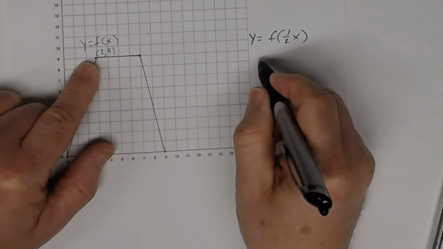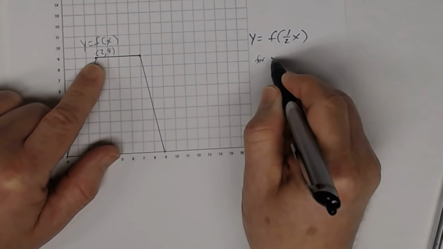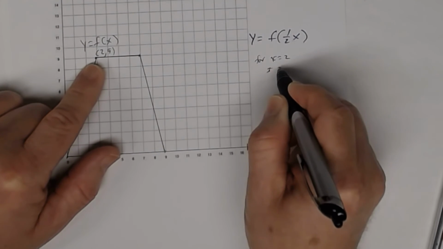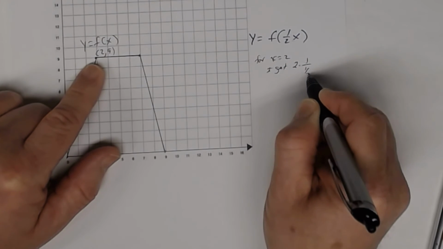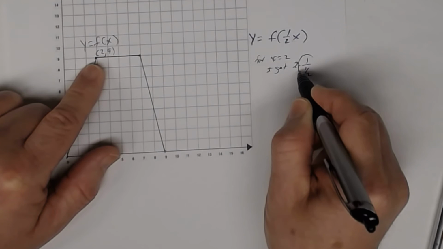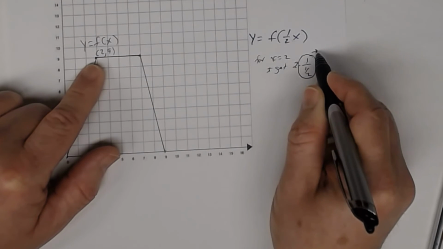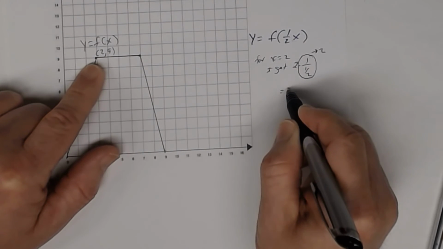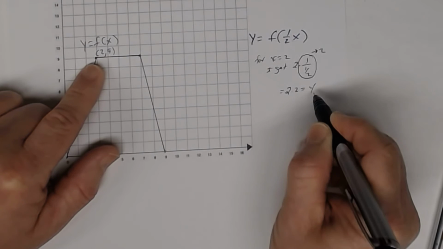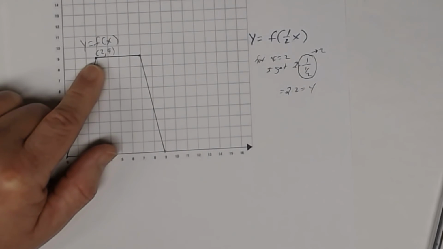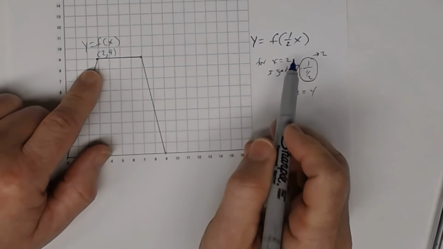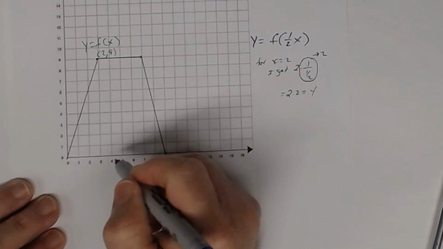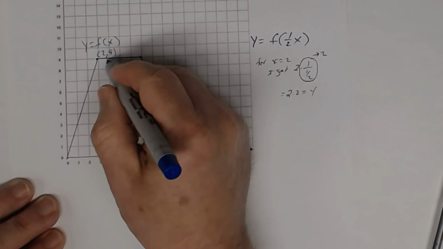So for x equal 2, I get 2 times 1 divided by half. But remember, 1 divided by half is 2. And so this becomes 2 times 2, which is 4. So my new point, instead of 2, 9, becomes 4, 9. So 4, 9 is right here.